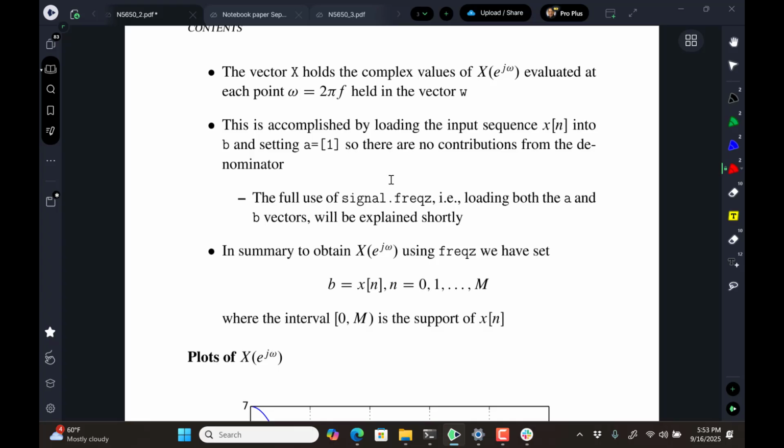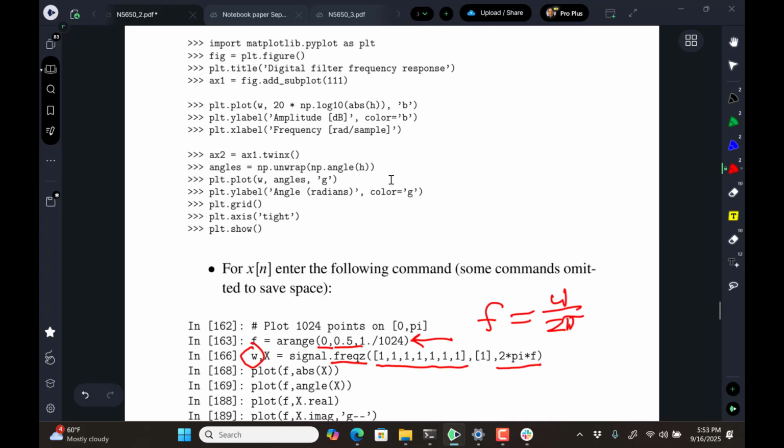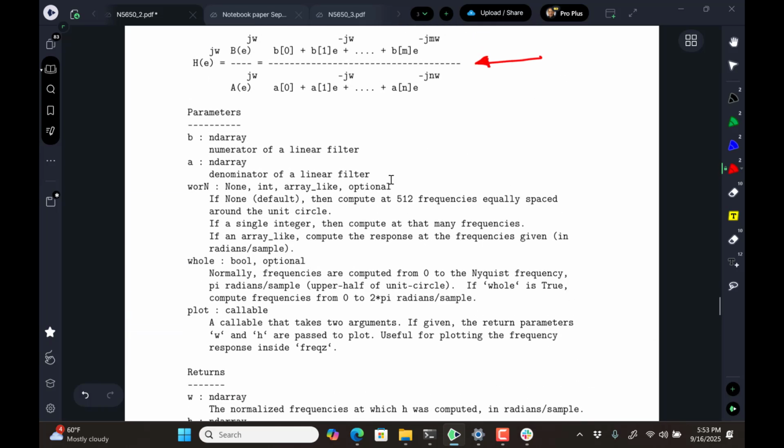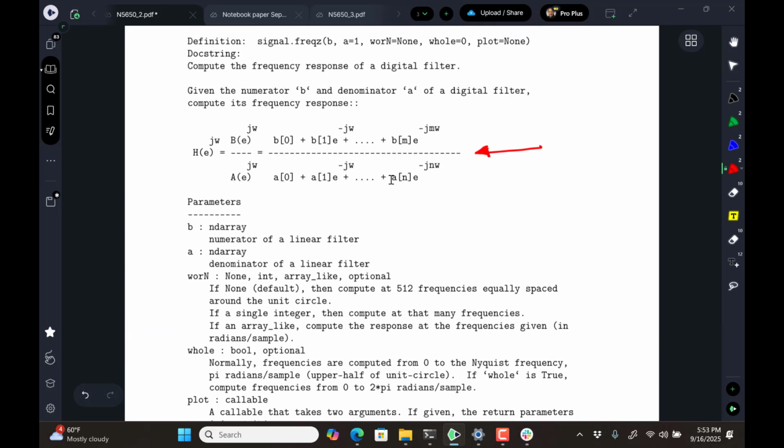I'm pretending that the denominator term that shows up in the definition is just set equal to 1.